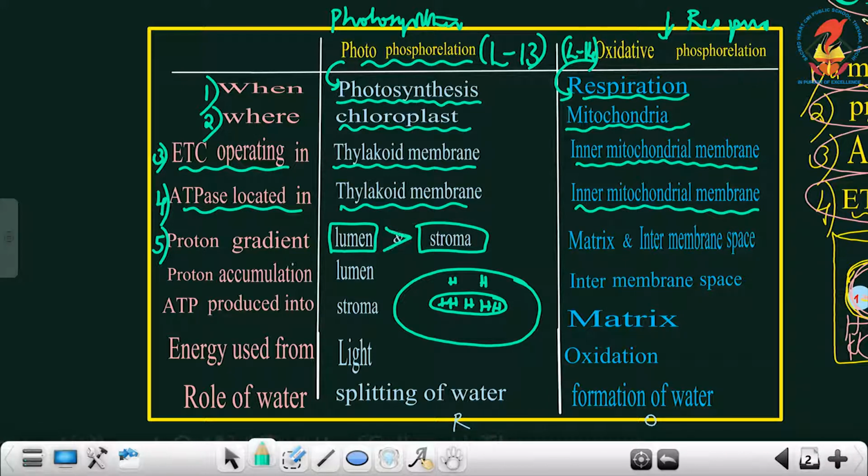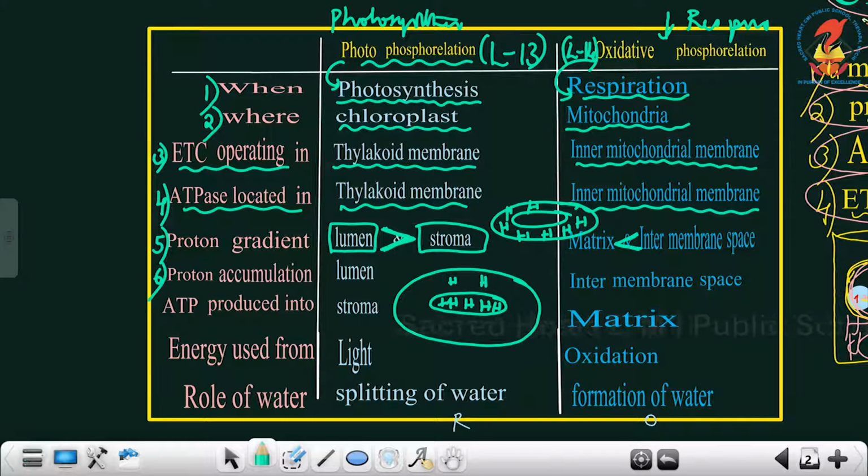So, a proton gradient is created this way, more in the lumen than in the stroma, whereas here it is more in the intermembrane space than in the matrix. Okay, proton gradient is created.